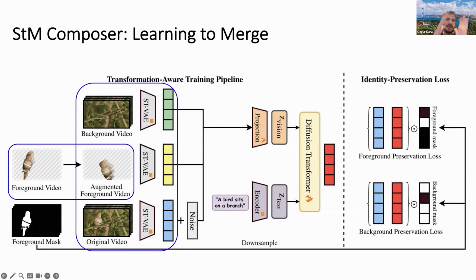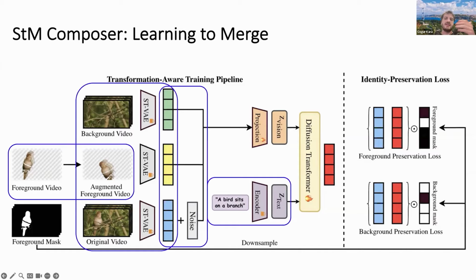At the initial phase, we have the background video, the augmented foreground video, and the original video, and we feed them to spatial temporal variational autoencoders and get latent embeddings for each of them. As well as for the text prompt, we also feed it to its encoder and get the latents for Z text. Then we apply the part that is needed for diffusion, where we add noise to the original video so that it will learn how to denoise it, conditioned on the background video and the augmented foreground video.